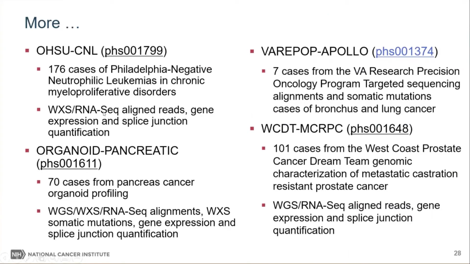The OHSU-CNL program has about 176 cases of chronic neutrophilic leukemia. This includes whole exome and RNA-seq data. We also have data from organoid-pancreatic. We have about 70 cases associated with pancreatic cancer organoid profiling.